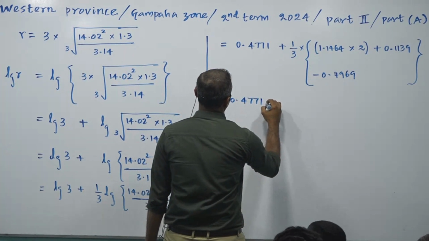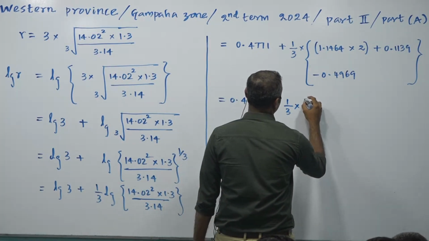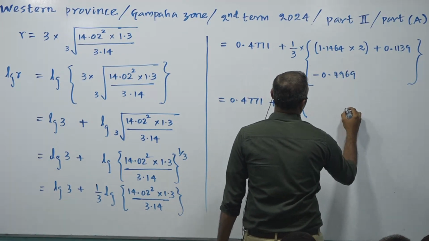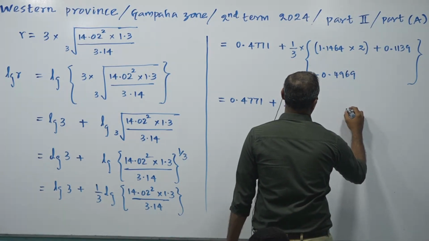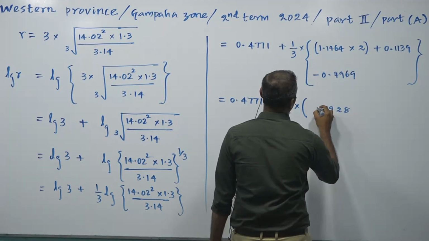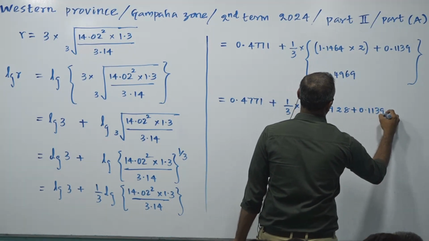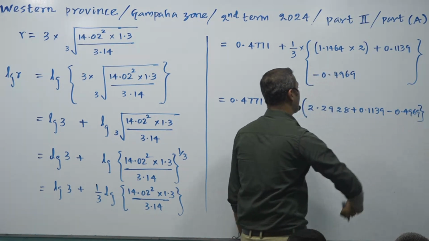0.4771 plus 1/3 into, let's multiply. 8, 12, 1 remains, 9, 2, 2, plus 0.1139 minus 0.4969.